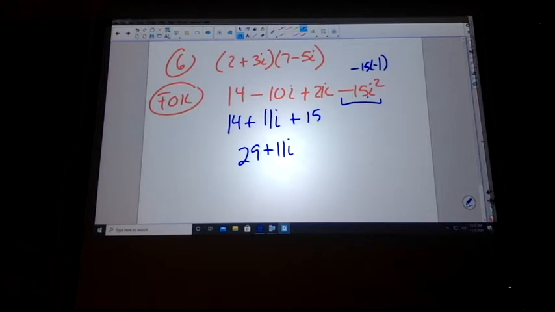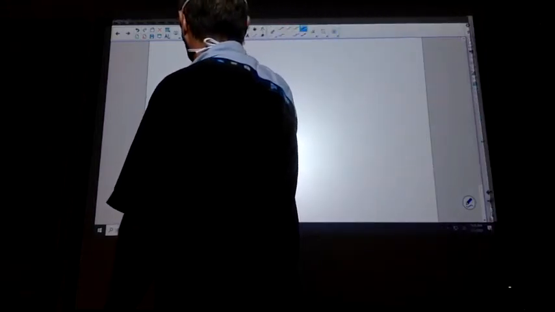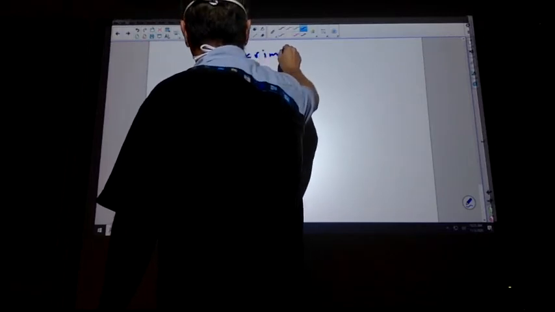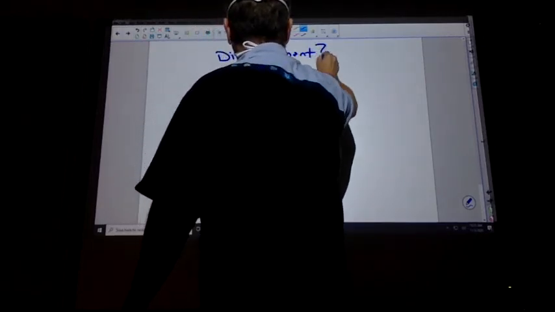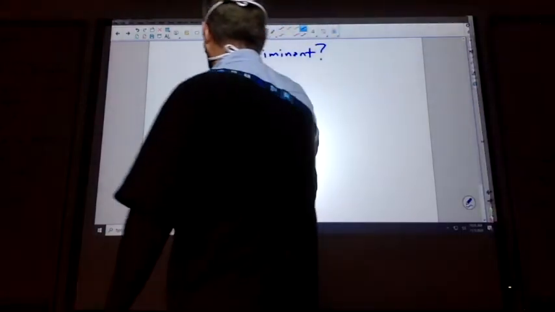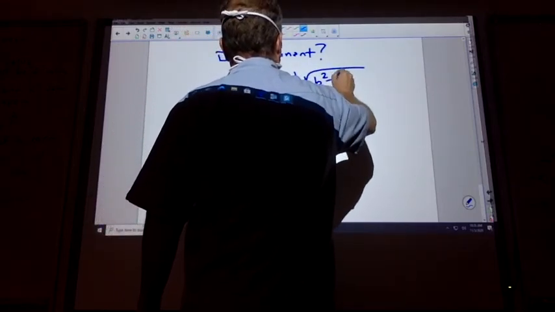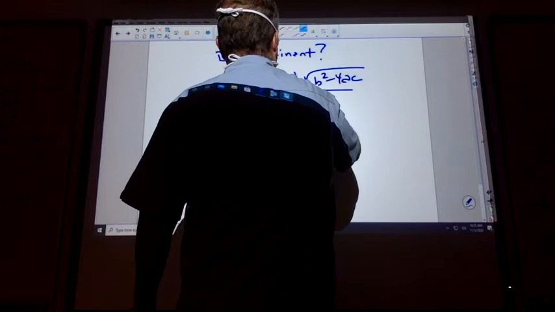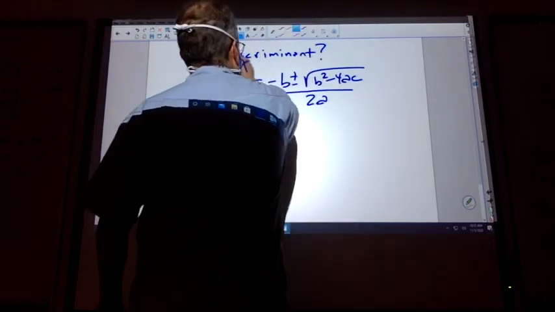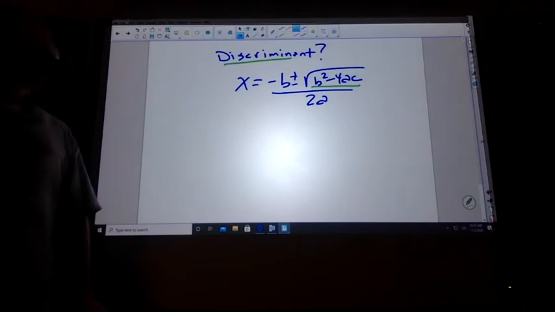All right. What does the word discriminant mean? Anyone remember that? That goes along with our x is equal to negative b plus or minus the square root of b squared minus 4ac all over 2a. The discriminant is what's underneath the radical.